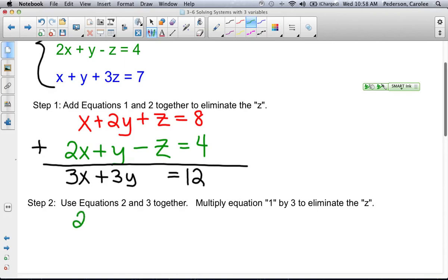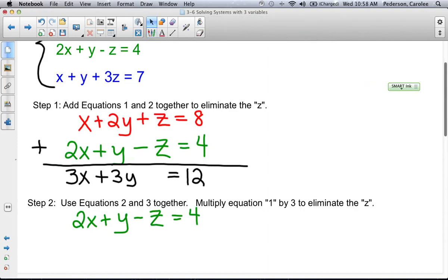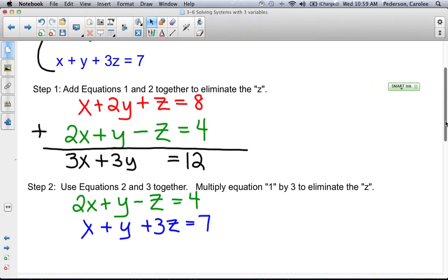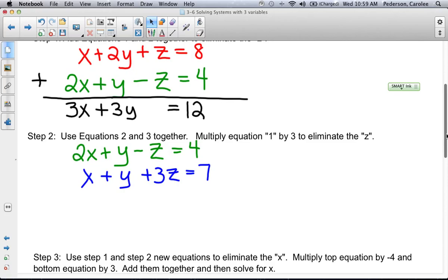The green equation is 2x plus y minus z equals 4, and the blue equation is x plus y plus 3z equals 7. If I add the two equations together as they are, the z's will not cancel out, so I have to change one or two of the equations.